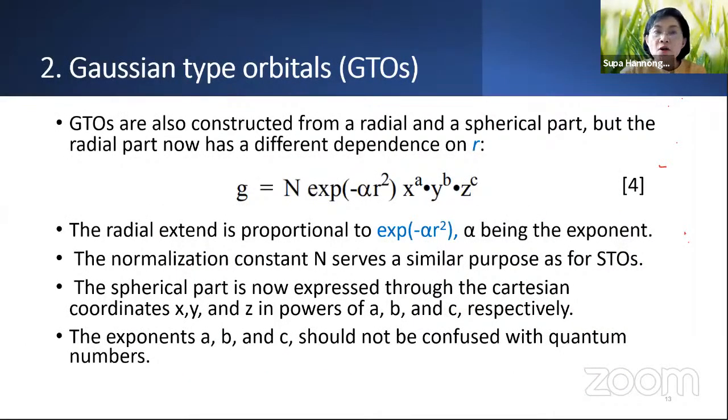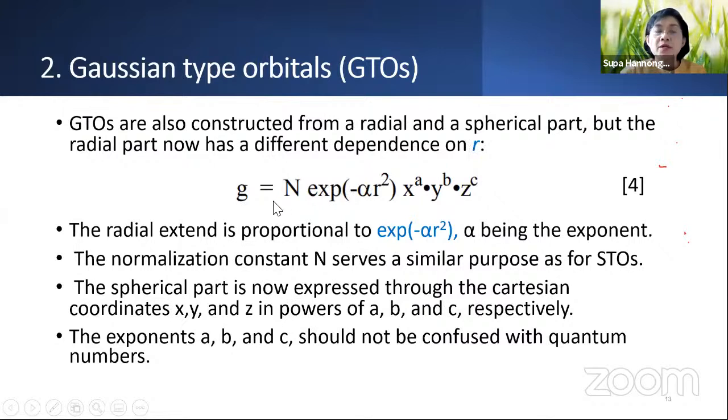Now, in order to cope with this problem of the STO, the Gaussian type orbital or GTO was introduced. The GTO itself is constructed from a radial and a spherical part, the same as STO, okay? But the radial part has a different dependence on the radius.